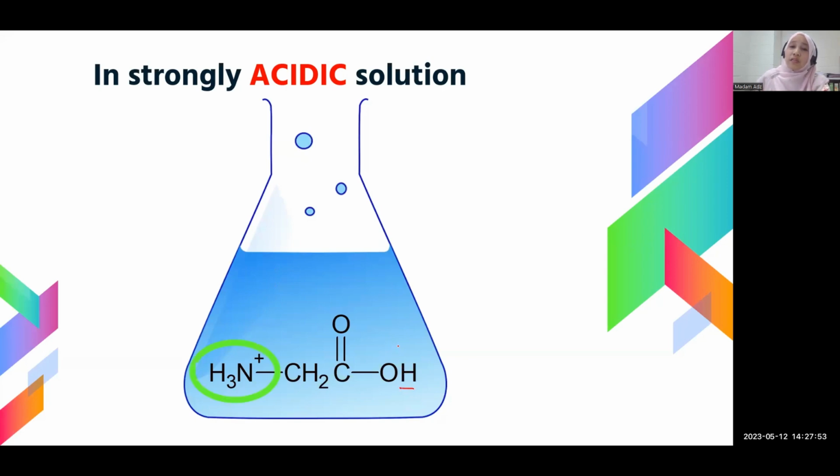So apa yang berlaku di sini adalah, sekarang amino acid ini dalam bentuk cationic form, bermaksud dia predominant dalam bentuk cation, positive charge, dalam acidic solution. Sebab tadi dalam acid ada banyak H+, kan? H+ pergi ke bahagian negative charge daripada zwitter ion tu. So dia akan end up dengan structure macam ni.